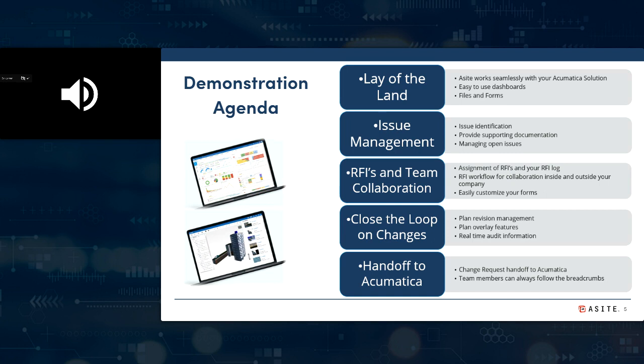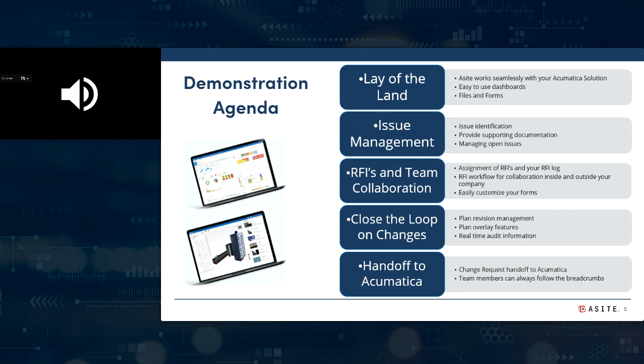And we'll take a look at RFIs, working that through, how somebody might receive a notification that they have something to respond to on an RFI and how they would action it. We'll take a look a little bit at how you actually could customize those forms as part of that. And then as we move on, the next piece here, some of the plan revision management, some of the overlay features. We'll talk about how we would distribute plan sets to all the team members so that everybody has access to the updated plans. And then, last but not least, we'll talk about that handoff process to Acumatica.